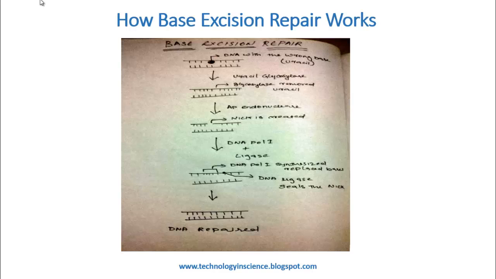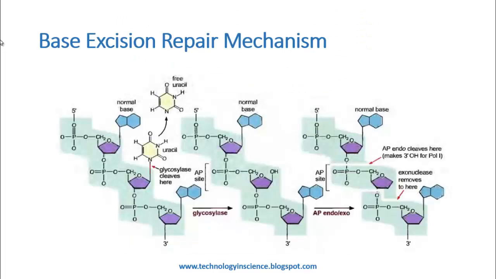That particular site is called the AP site, apurinic or apyrimidinic site, where the AP endonuclease will come into picture, and it will cleave or create a nick there. So now you can see that a nick is created, with a free 3' hydroxyl group. AP endonuclease cleaves here and makes a 3' OH for polymerase 1 to act upon.